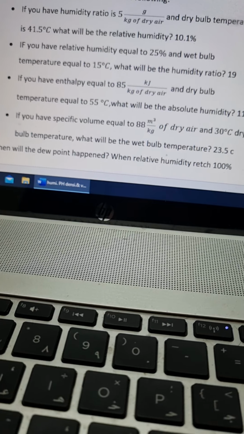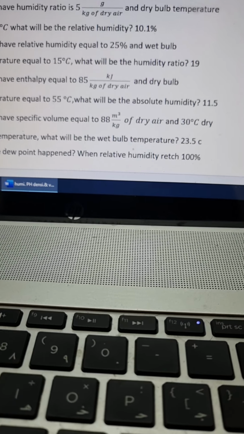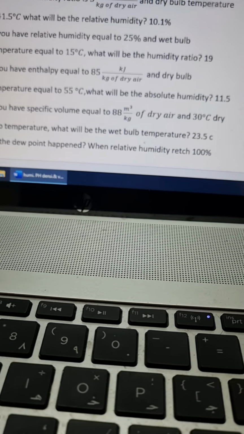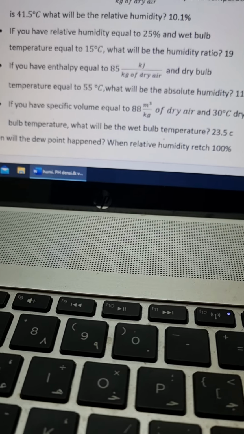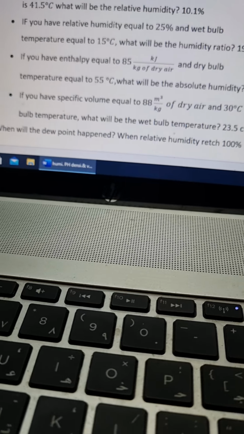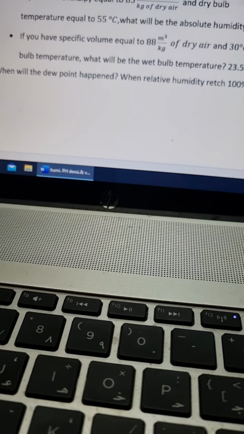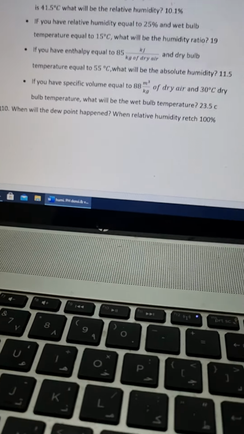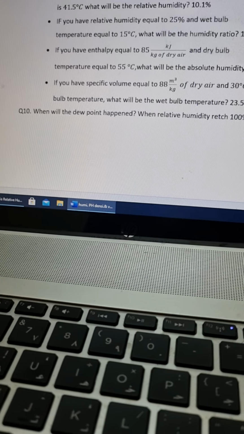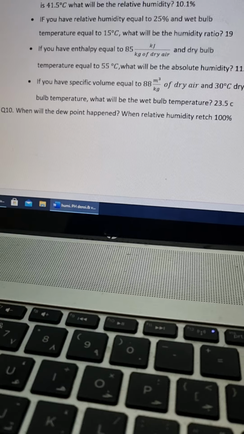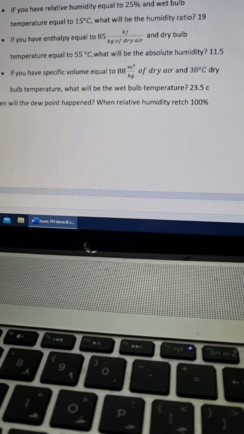The third one is 15, it's 11.5, and the fourth is 23.5 Celsius. When will the dew point happen? When the relative humidity reaches 100%.